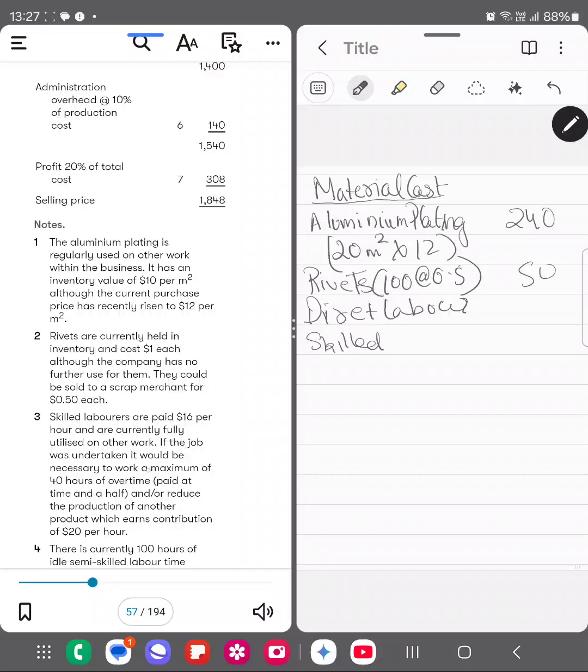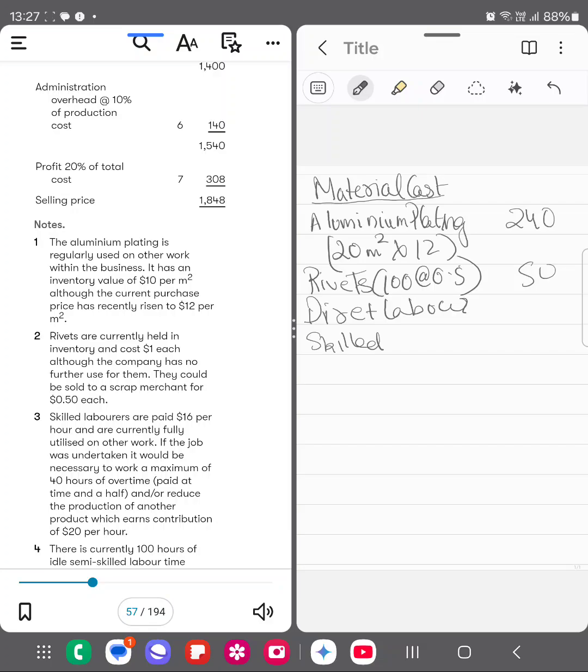If the job was undertaken, it would be necessary to work a maximum of 40 hours of overtime. If they are working overtime, they will be paid 1.5 times 16. What is 1.5 times 16? That is 24.